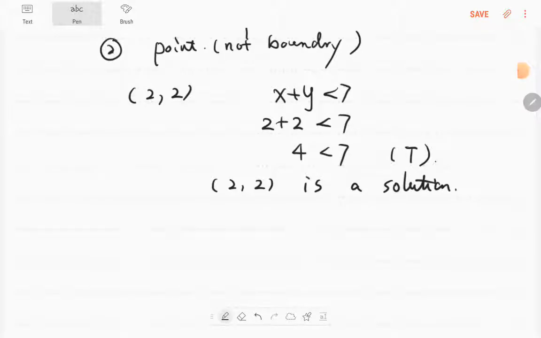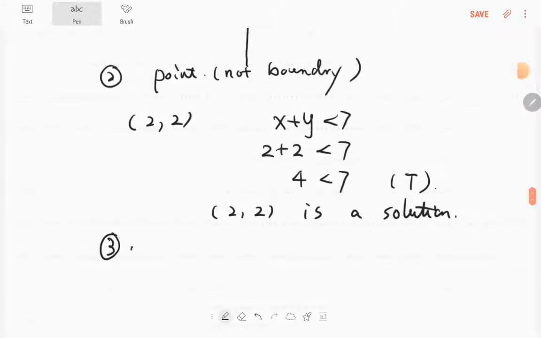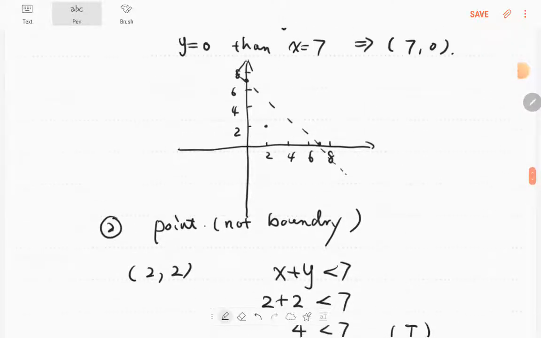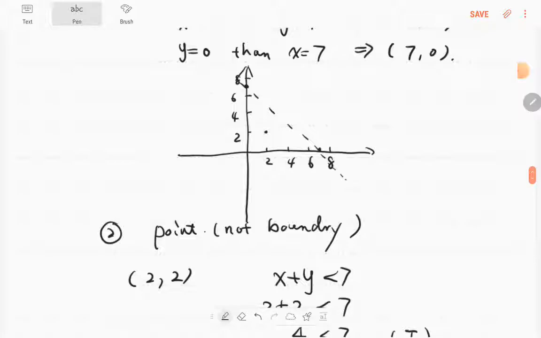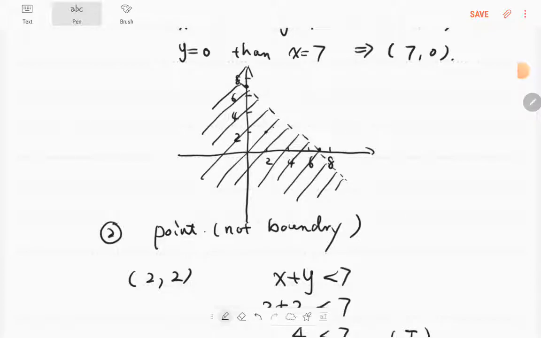If it is a solution, then we can move to step 3. We should shade the half plane with that point, including this point, because we know this one is the solution.